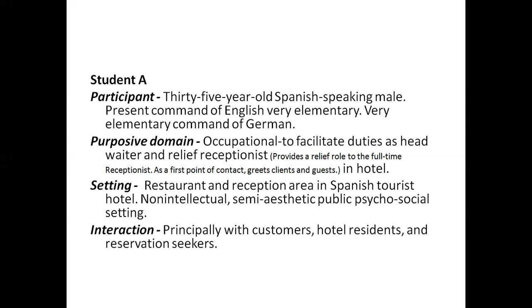So the setting where the learning will be applied is a hotel, a tourist area. Many people from home and abroad will come here to have residence facilities in this hotel. So that is the public domain, and there he has to perform his duties.